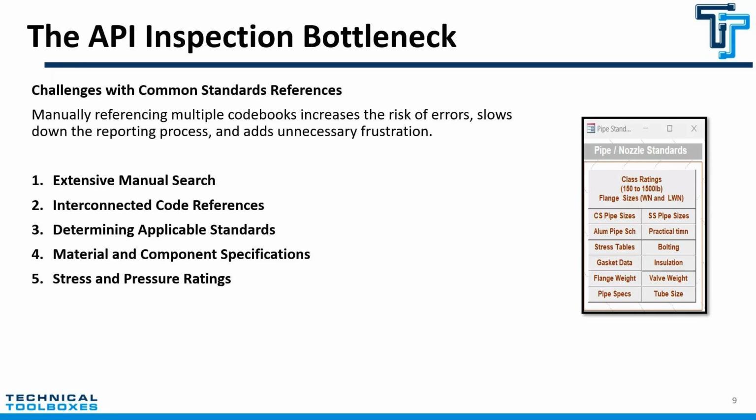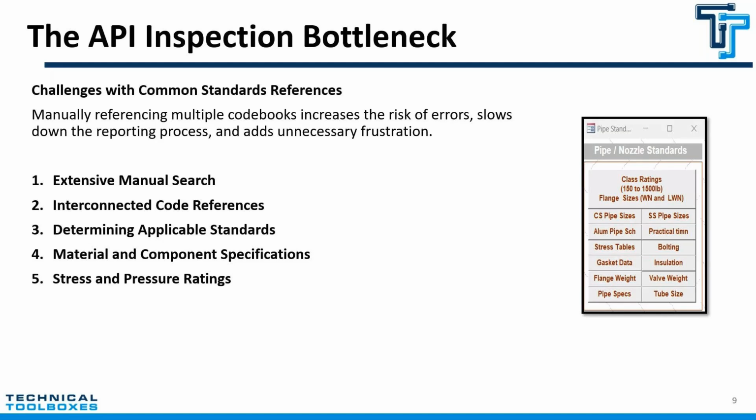Many companies fail to keep up with the latest codes due to the high cost of purchasing the code books. Relying on obsolete codes can result in inaccurate evaluations and suboptimal recommendations, ultimately affecting safety, compliance, and operational efficiency. You have interconnected code references. Many code books cross-reference other standards, leading to a chain of lookups.